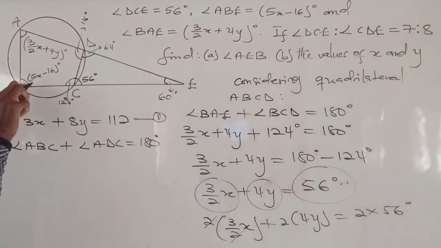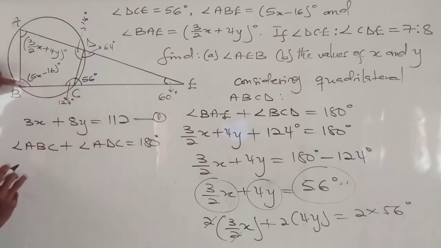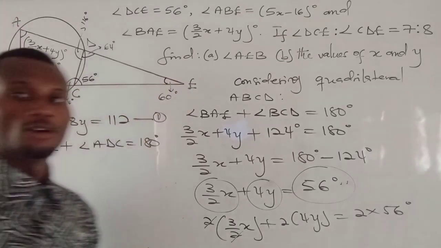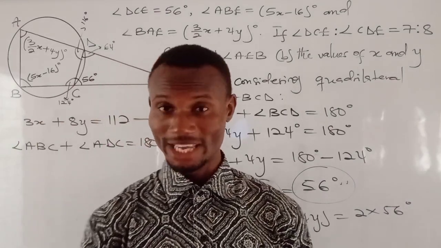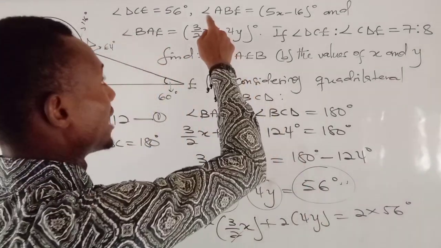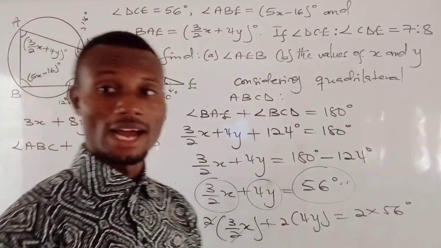I have this angle ABC, talking about this angle ABC is given to be 5s minus 16 degrees, or angle ABE. Maybe someone is confused. Why am I saying angle ABC instead of angle ABE? Because the question gave us angle ABE. Now it's the same.